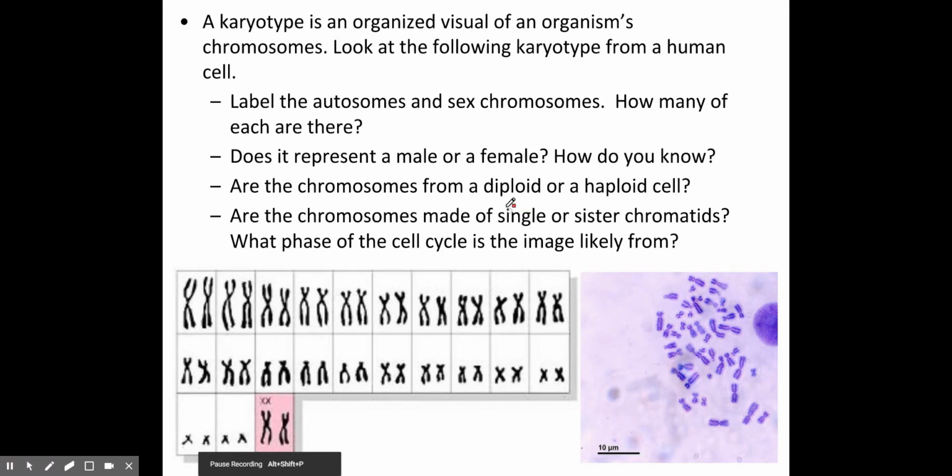Okay, next question. Are the chromosomes from a diploid or a haploid cell? Well, look at the karyotype right there. You've got a pair. If you have the complete pair, it's going to be from a diploid cell. And then finally, are the chromosomes made of single or sister chromatids? Well, here we go. We've got 2 copies per chromosome. So this must be sister chromatids.